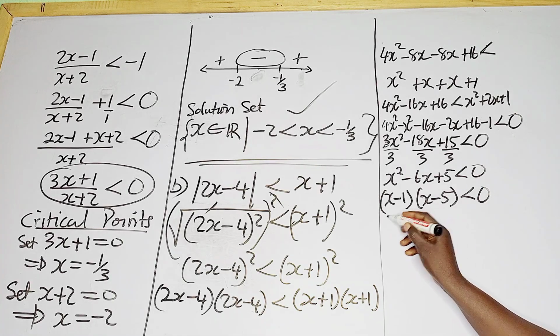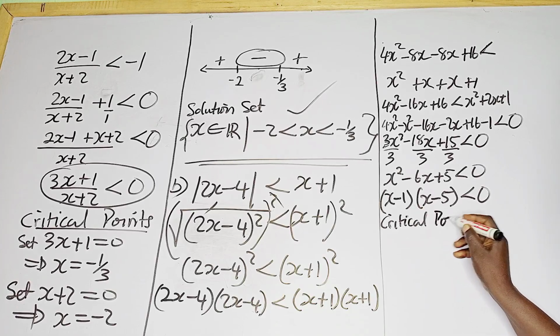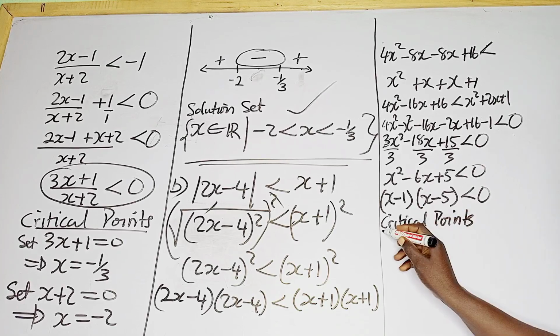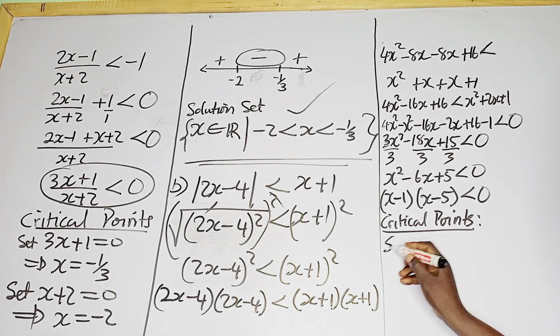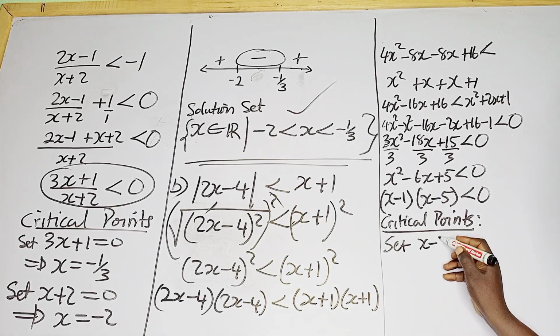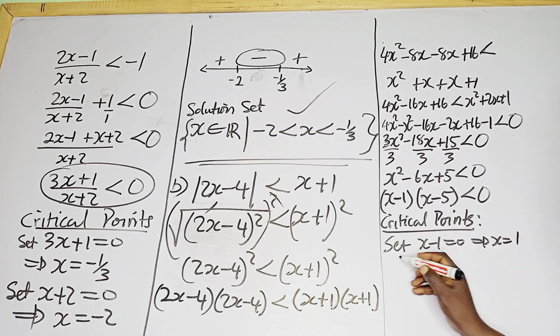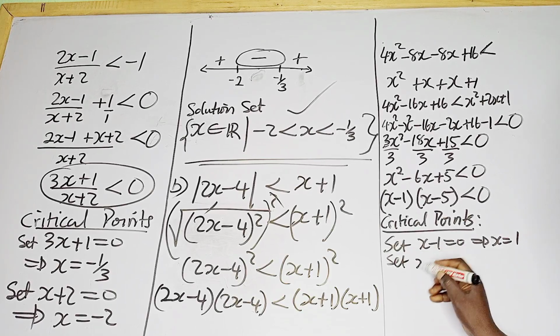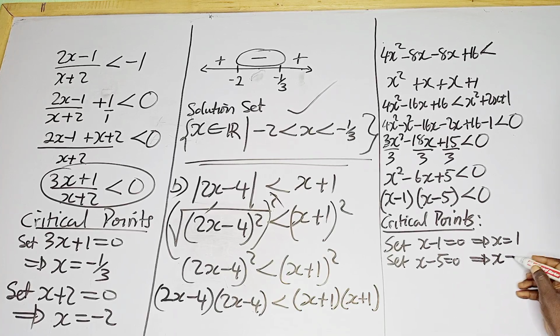From there we'll get our critical points, the points we are going to use in our analysis to get our solution set. We set this one to 0 to get our first critical point. We also set this one to 0 to get our second critical point. So we have critical points 1 and 5.